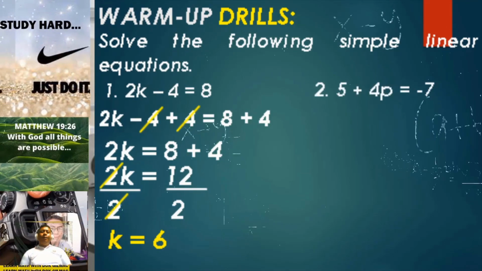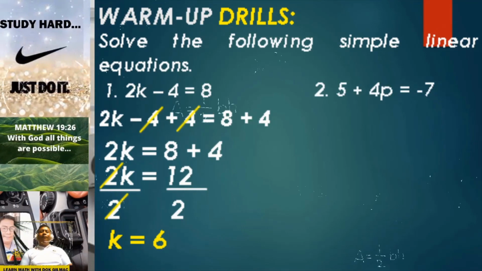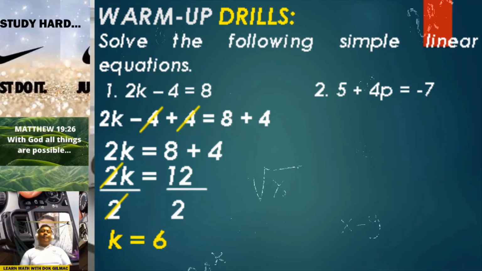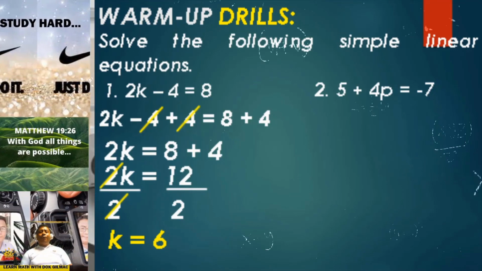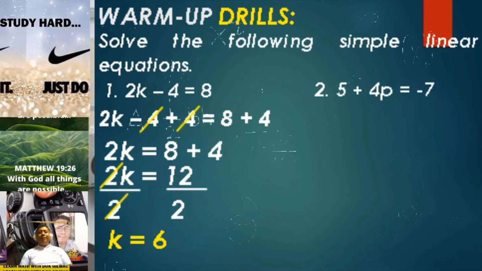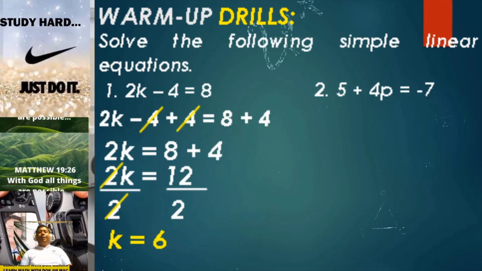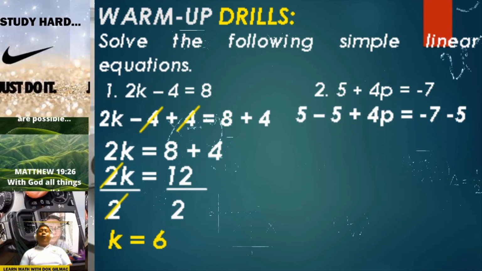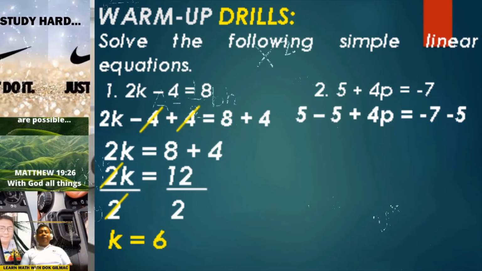Number 2, 5 plus 4p is equal to negative 7. In this given equation, class, we can simply apply subtraction property of equality. Subtract 5 to both sides of the equation. So we have 5 minus 5 plus 4p is equal to negative 7 minus 5.